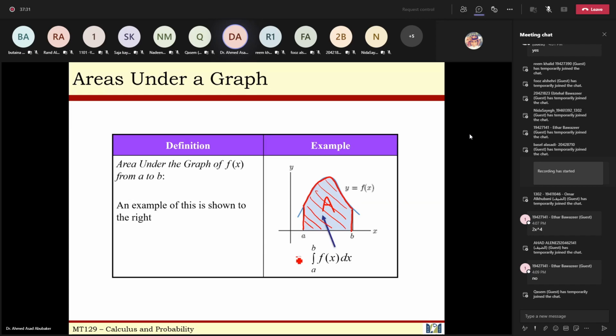So the area equals the absolute value, because some integrals are negative, especially if the curve is under the x-axis.